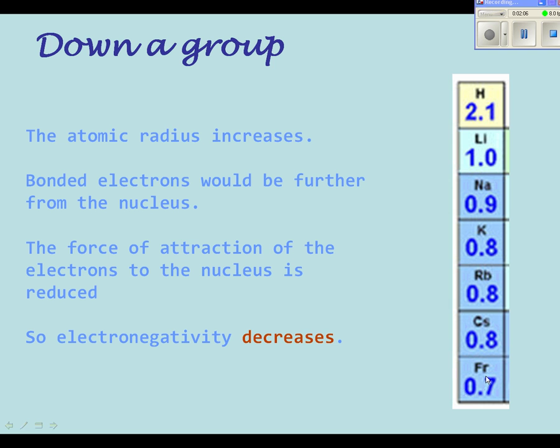So francium's electrons are much further from the nucleus than hydrogen's. This means that francium doesn't have as strong a hold on its electrons as hydrogen does, and so it won't draw electrons towards it as well as hydrogen does, and so we say that the electronegativity decreases.